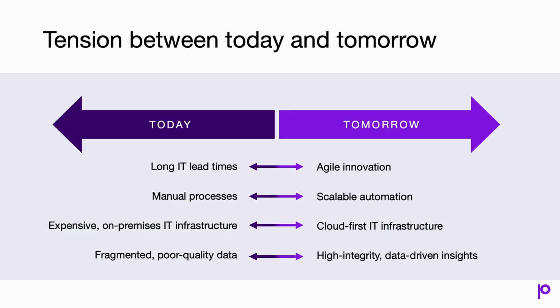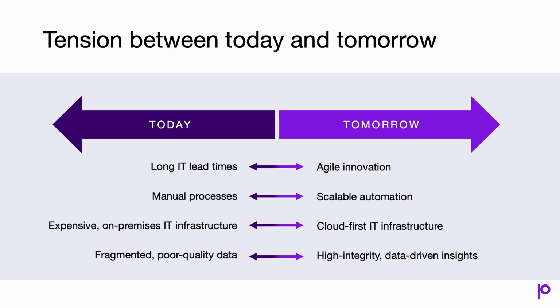Now, going back to that CIO's dilemma, there is this tension between today and tomorrow. As you're going through a modernization effort, you have to maintain continuity in your business today, despite a lot of things that may be holding you back. You've got long IT lead times. You've got a lot of manual processes still. You've got on-premise IT infrastructure that is often legacy. It's old. It's expensive to maintain.